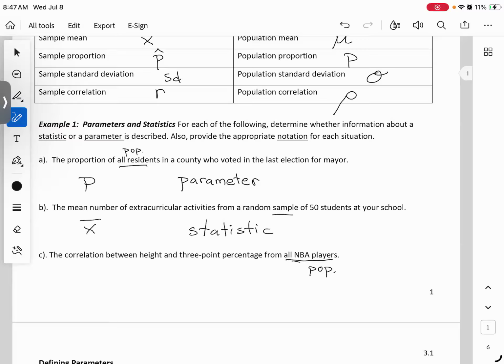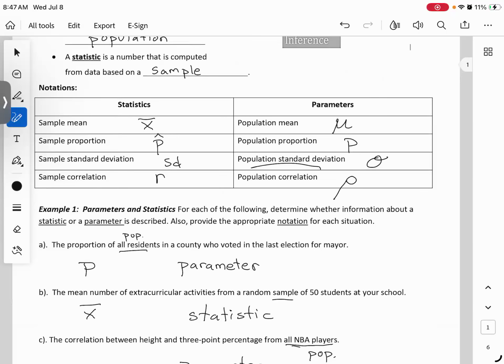And this would then be a parameter. And whenever they're done calculating whatever it is, which that thing was correlation, it would be right there. Population, correlation, or a parameter based off the population. So it'd be rho.